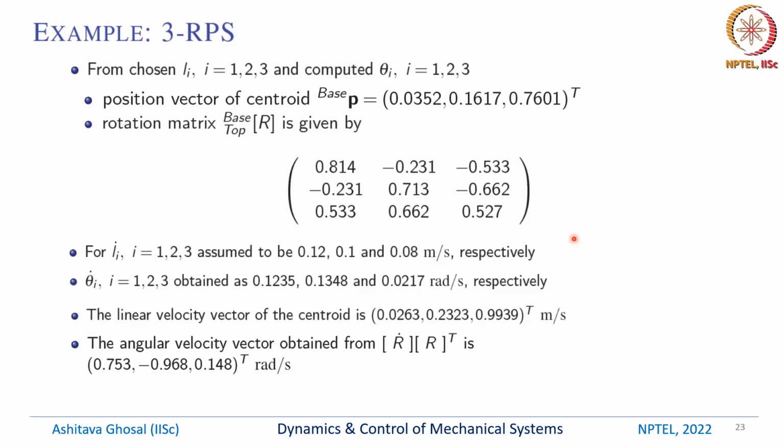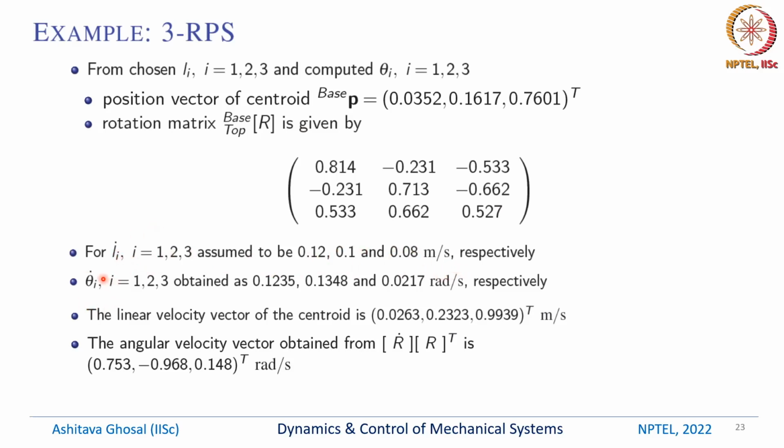They will contain all these terms, and also of course L1, L2, L3, and cos theta 1, sin theta 2, and all those trigonometric functions. For obtaining the velocity of the centroid, we have chosen L1 dot as 0.12, L2 dot as 0.1, and L3 dot as 0.08 meters per second.